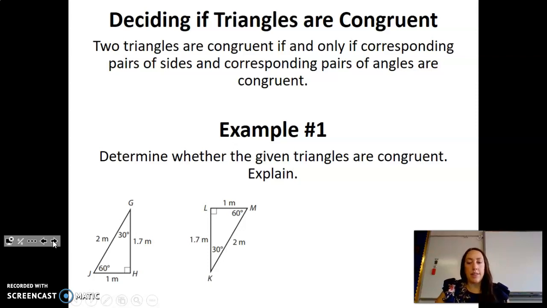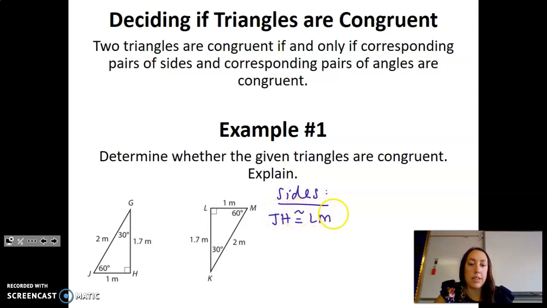So let's go ahead and see. Let's check sides first. So let's check side JH. We can see that that side's congruent to LM because they both have a length of 1.